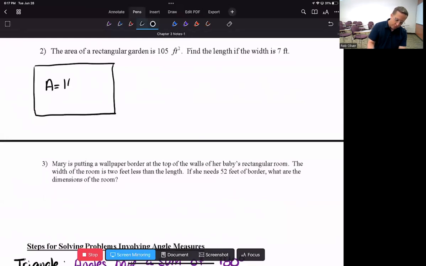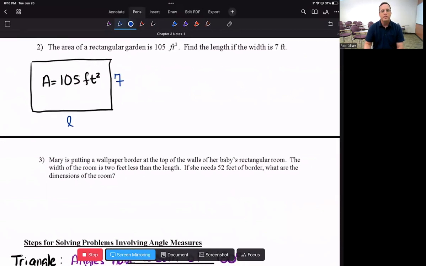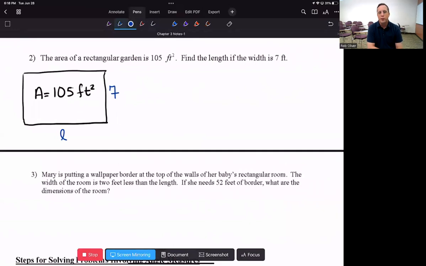So the area equals 105 square feet, and we need to find the length. We don't know what the length is if the width is 7. Area of a rectangle is a pretty simple formula, which is just length times width. So width times length is also the same thing.